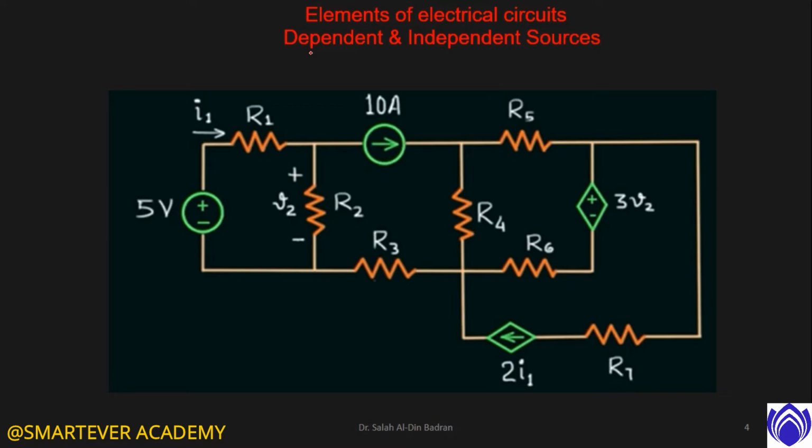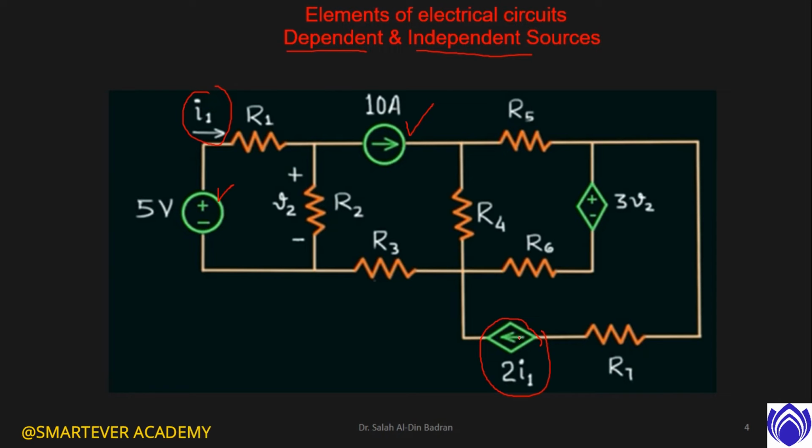We also have two types of sources, dependent and independent sources. The independent ones were explained in the previous slide, like this one. Dependent voltage or current sources we denote like this. See, 2 times I1, where this is I1.